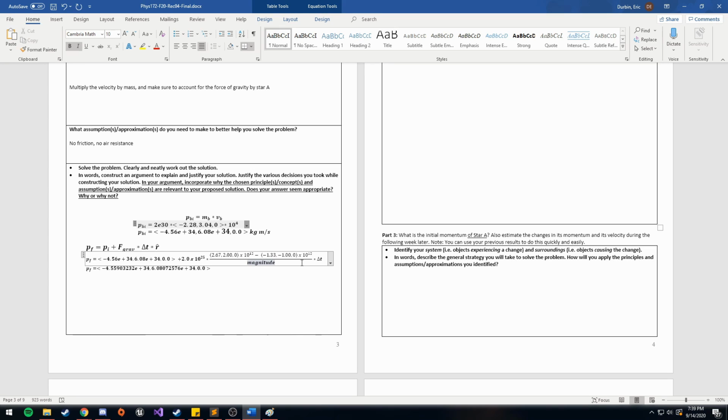Yeah, so for the x component of the final momentum, I got negative 4.56 times 10 to the 39th. Not what I got. I got 34.